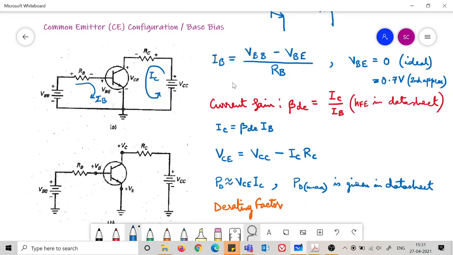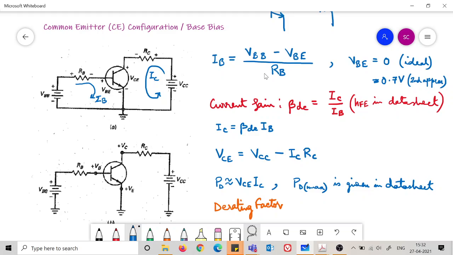Now you may try to solve this parallelly in your copy. Let us suppose that your VBB is 20 volt and RB is 2 kilo ohm. Then what would be IB?